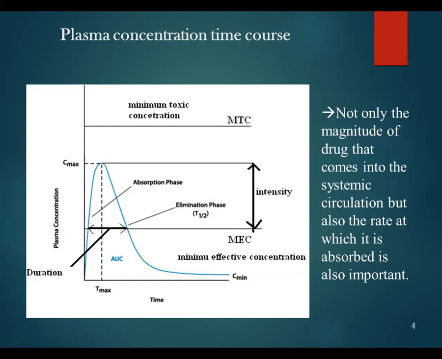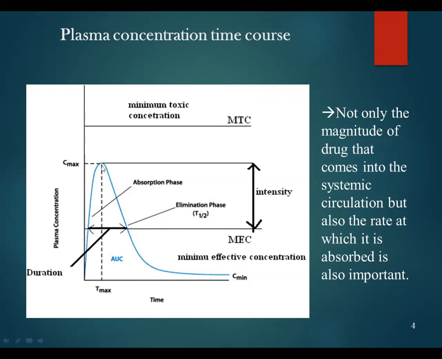This AUC gives a lot of information. It gives pharmacokinetic information, and it also gives pharmacodynamic, or pharmacological, information. So there are various parameters you can measure from the AUC, as you can see in the slide. This is called Tmax, the time taken. Somewhere in future we'll be talking in detail about this. And this is called the Cmax. You would also have learned about MEC, the minimum effective concentration, and the minimum toxic concentration. These are the pharmacological, pharmacodynamic parameters.